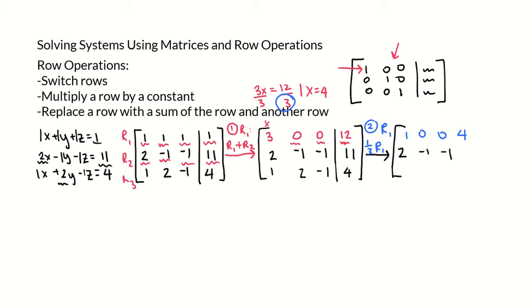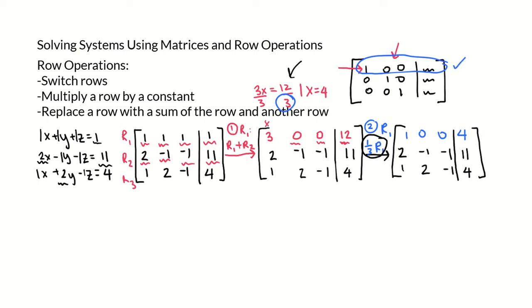Other times you might want to use an equation like this in order to simplify a row. But using that equation would be the same as using a row operation in some way. It's just writing it a little bit differently. So I'm just rewriting the second two rows exactly as they were. And now if you look, we have the first row in the correct form. So the first row is done.